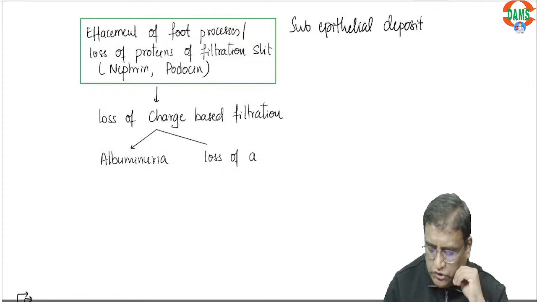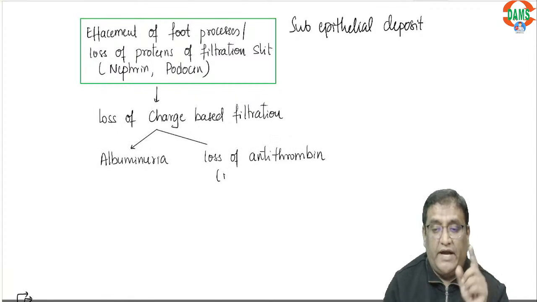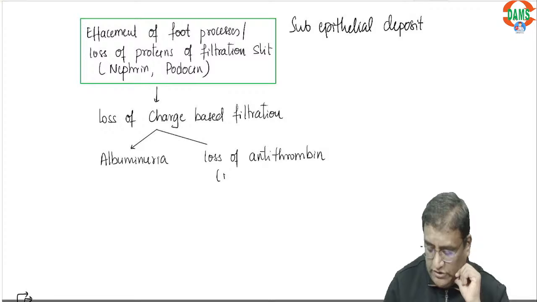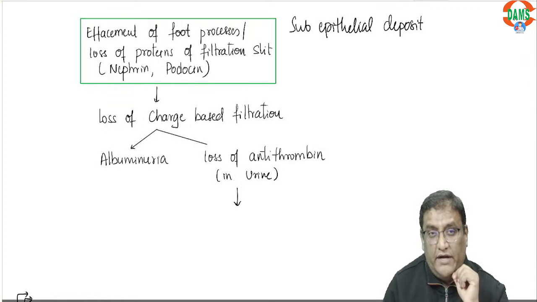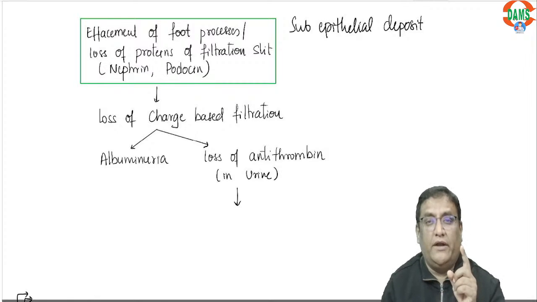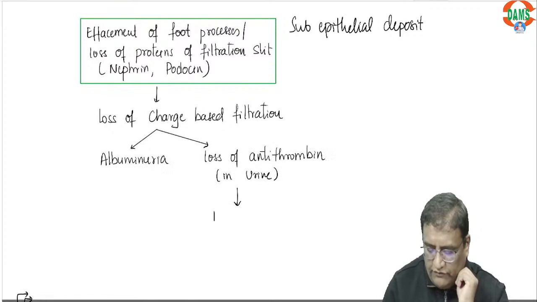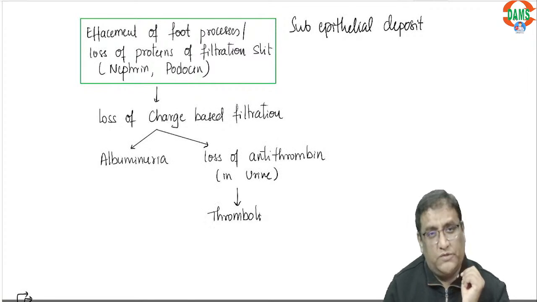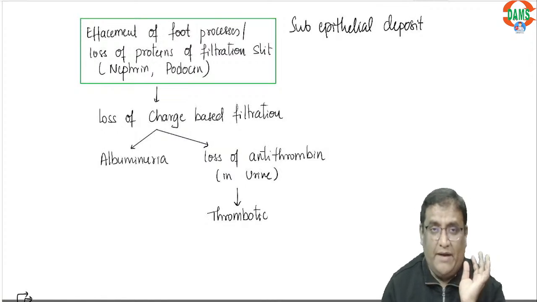Also there will be loss of antithrombin 3, because antithrombin also has a negative charge. So there is loss of antithrombin 3 in urine. Antithrombin is a physiological anticoagulant, so if you lose it, there will be thrombosis. Commonly these patients will have renal vein thrombosis, but any thrombosis can happen.